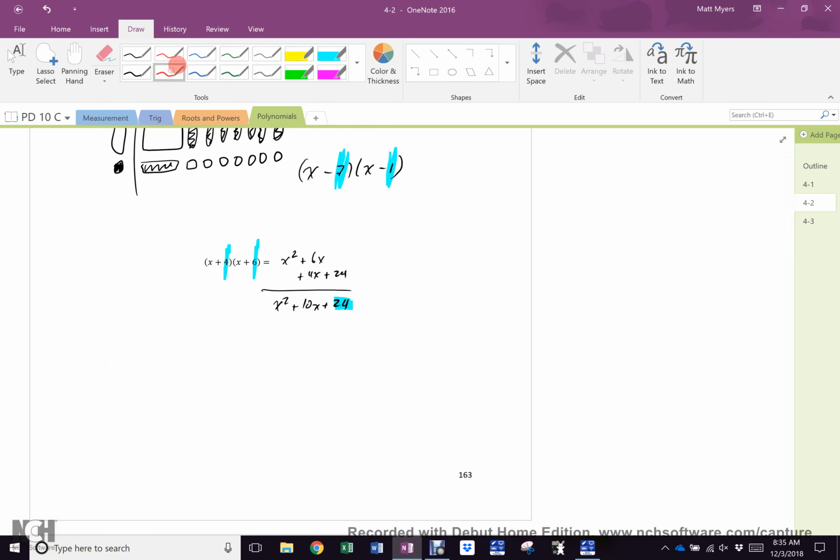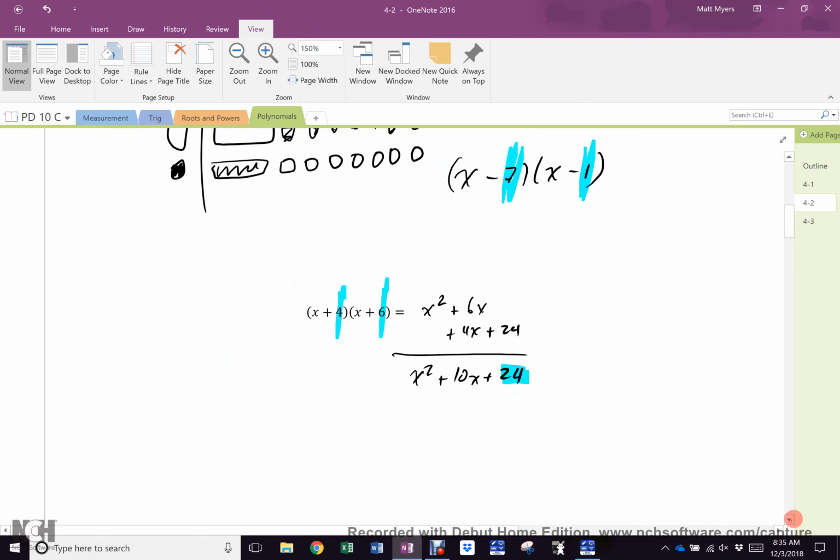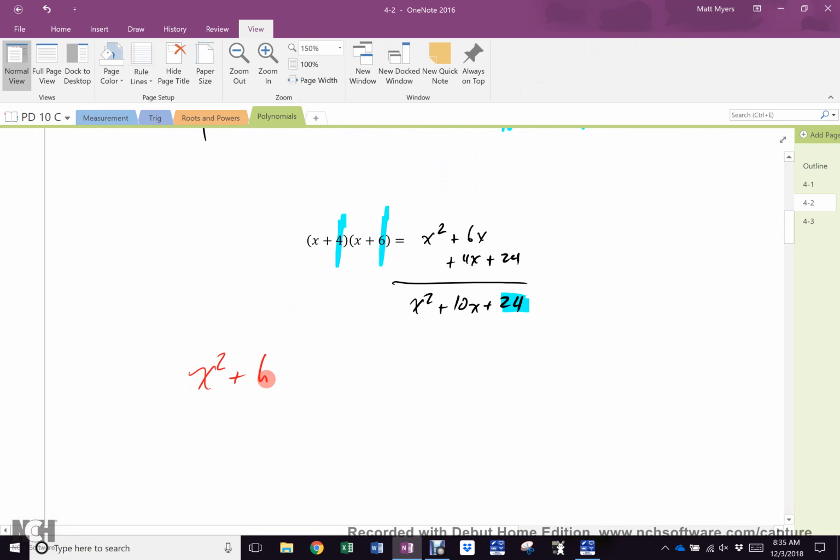Let me get my view back to 150. x squared plus bx plus c. Please underline "if" this trinomial is factorable. Now, since I put the word if there, what does that mean? It's not always going to be factorable. If this is factorable, it will break down into 2 binomials.